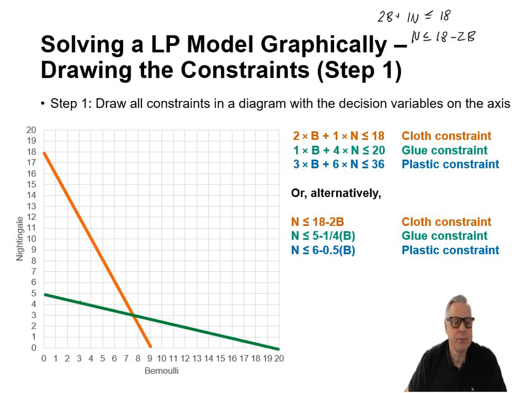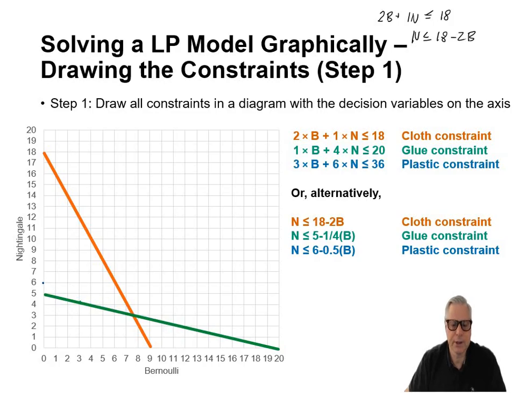So let's do that in blue. So the plastic constraint starts at 6 for Nightingale. And if we divide 36 by 3, we get 12, so that goes from 6 to 12.